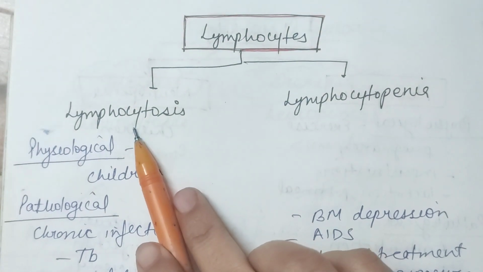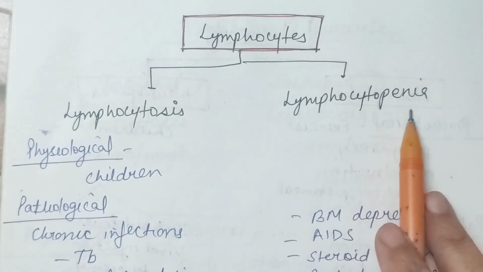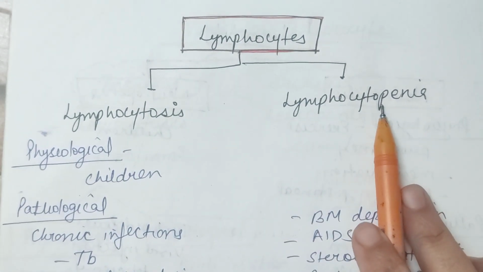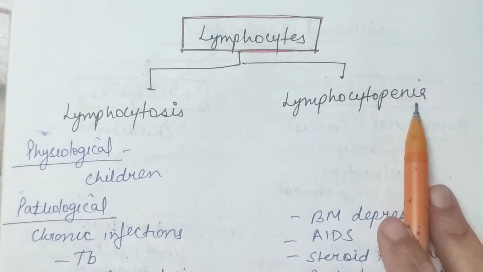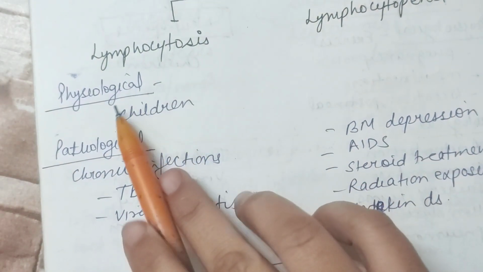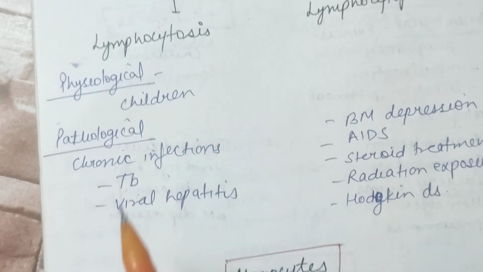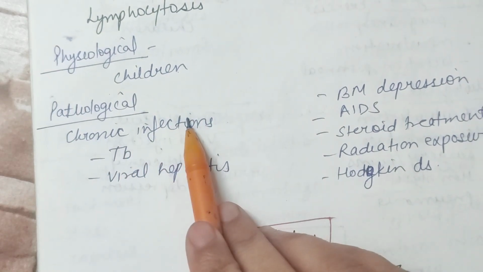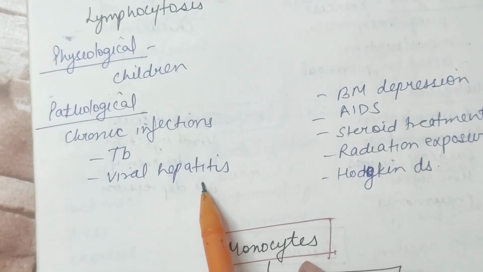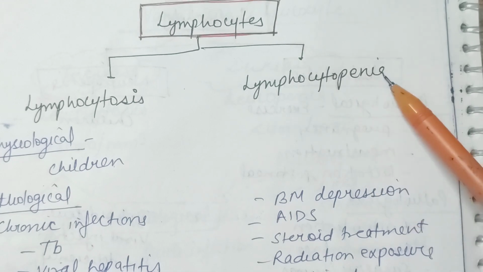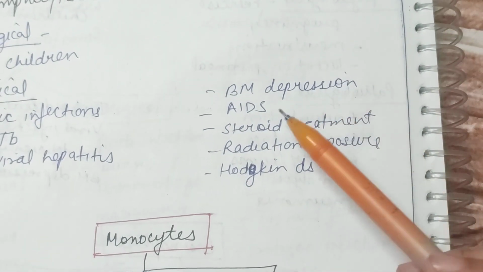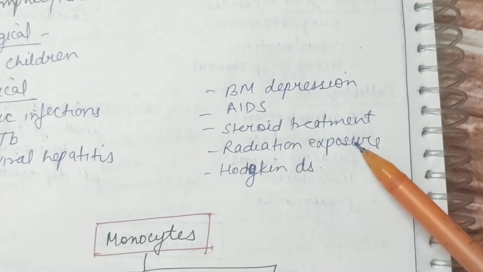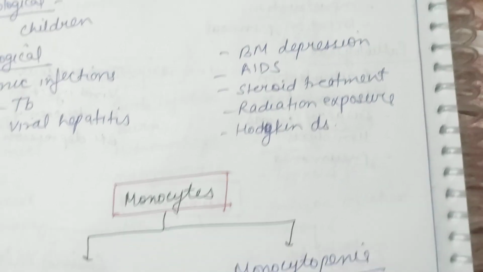Lymphocytosis is increased lymphocyte count; lymphocytopenia, or lymphopenia, is a decrease in lymphocytes. Lymphocytosis occurs physiologically in children, and pathologically during chronic infection like TB or viral hepatitis. Lymphocytopenia occurs in bone marrow depression, AIDS, steroid treatment, radiation exposure, or Hodgkin disease.